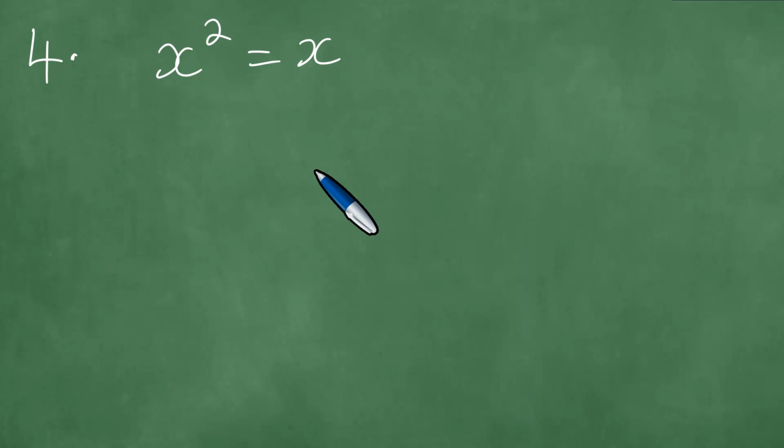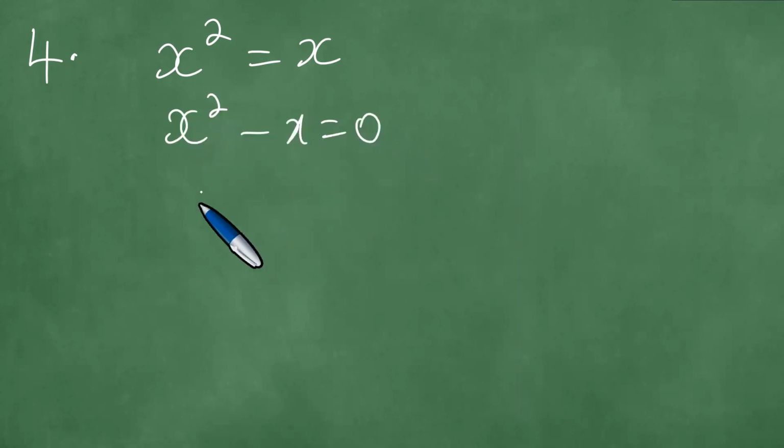Okay, I'm done. What answer did you get? I got x equals 0. How many answers did you get? One. So let's check this. It is x squared minus x equals 0.